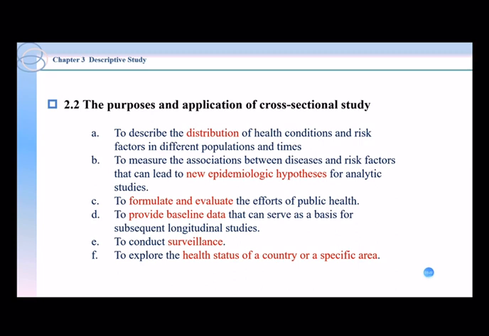We can also use it to formulate and evaluate public health efforts, to provide baseline data, and to conduct surveillance to explore the health status of a country or a specific area. So basically, cross-sectional study can be extensively used in health areas, not only public health.